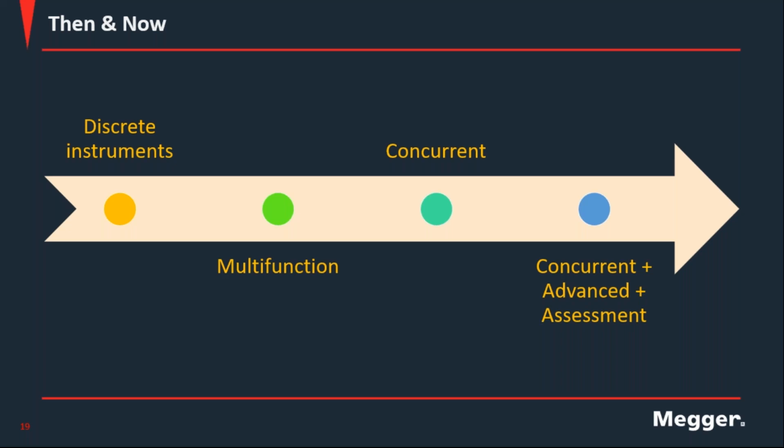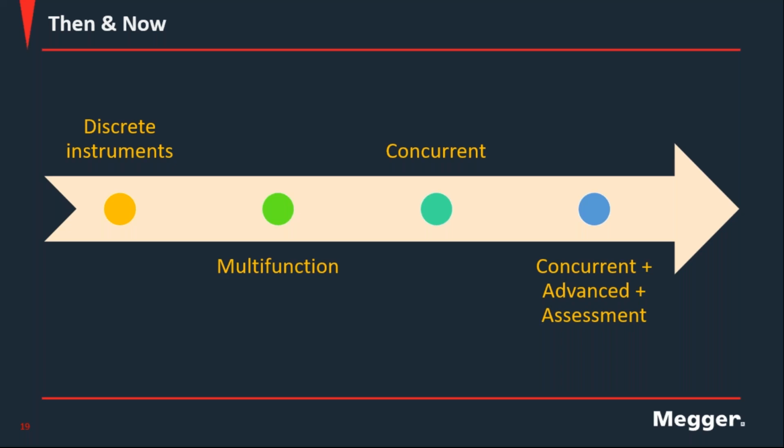And of course, you get separate results and separate reports that won't help you do the assessment quickly and easily. Technology evolves, and then we got multifunction test sets, meaning that you have several tests that can be performed from one single box, but still you need to test each tap of the current transformer or the voltage transformer separately.